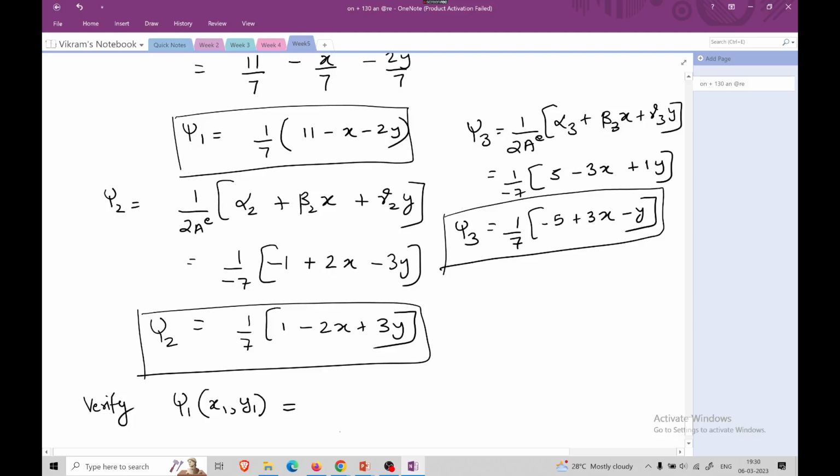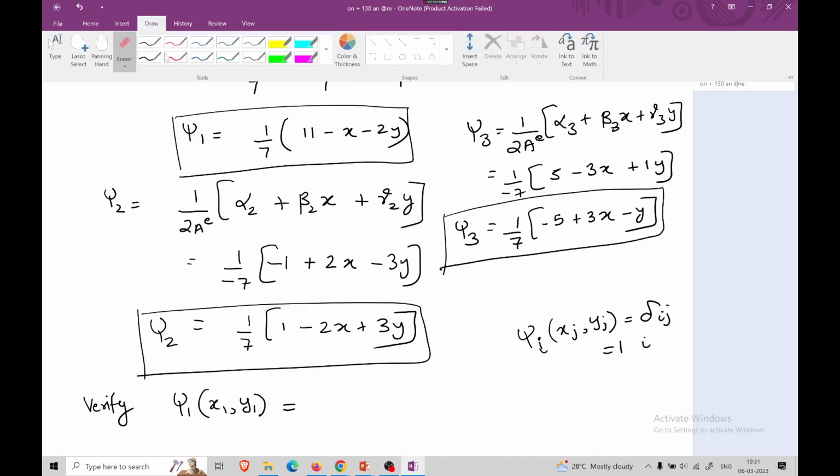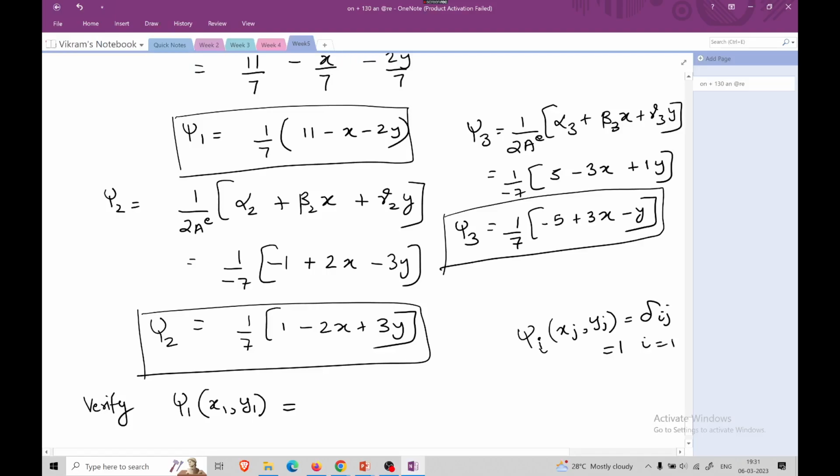We have the property that psi i of xj comma yj will be nothing but delta ij. This will be 1 when i is equal to j, and 0 when i not equal to j. So this is a Kronecker delta function.